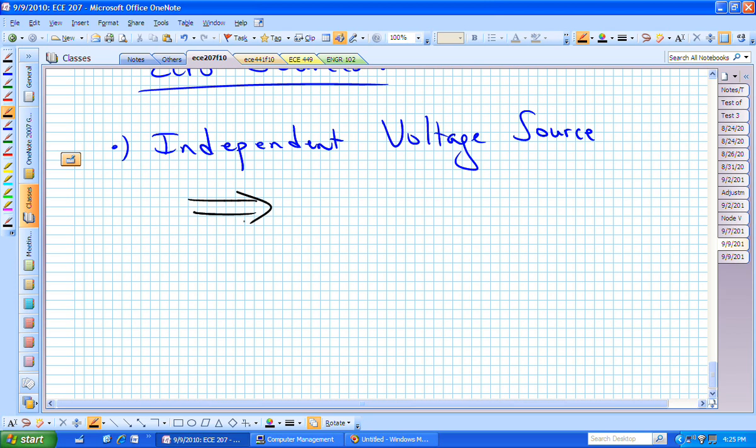That means I want to make that source appear as if it has 0 volts across it. What do you know has 0 volts across it? A wire, a bare wire. So if we want to zero an independent voltage source, we replace it with just a bare wire. We short it out. So we make them a pure short circuit.